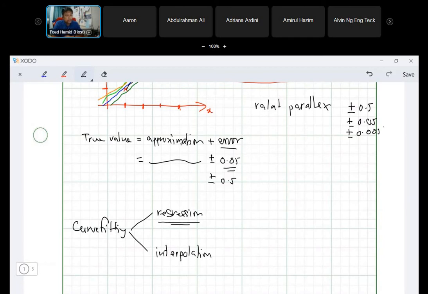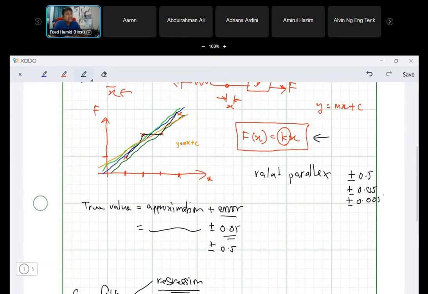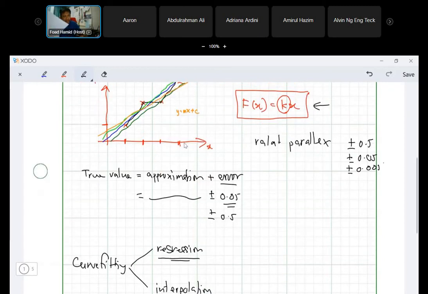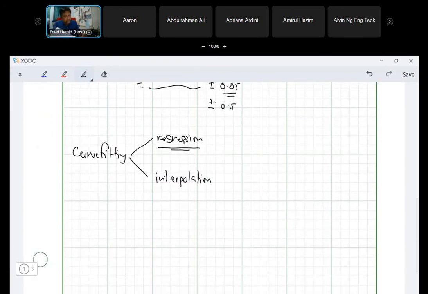How do we find the best line that has the least error, so that our accuracy is better? So let's look at this idea. Remember that our curve, our function, is y equal to mx plus c, right?